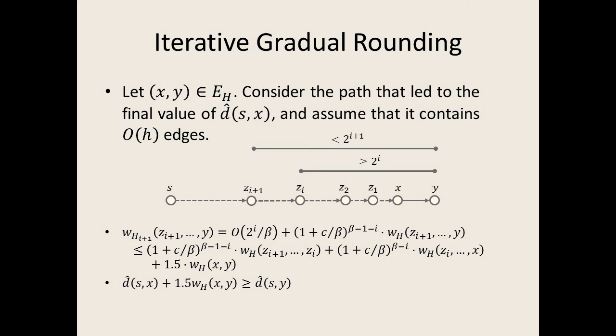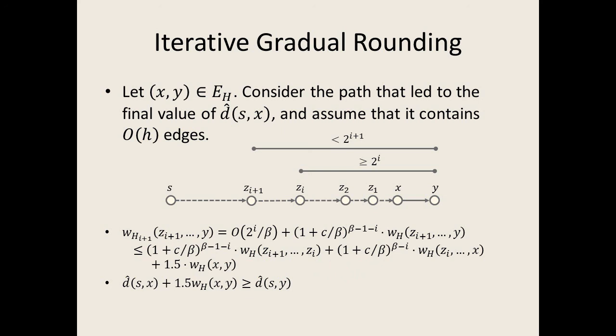Now, as this path is at least 2 to the i, this additive term can be summed by a multiplying factor of this term, which gives us the following bound.